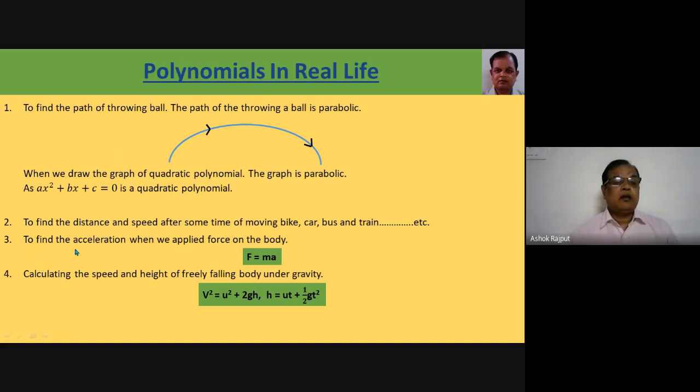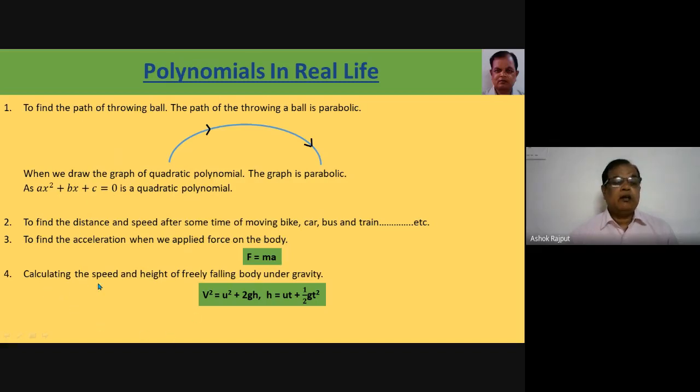Also to find the acceleration when we apply force on a body. You have studied this formula in physics also: F equal to ma. F is force, m is mass of the body, and a is acceleration. From here, if you apply force on any certain body, you can find the acceleration.